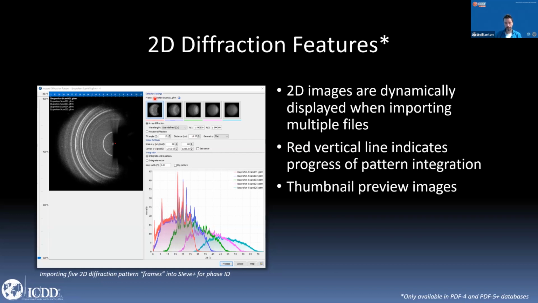When you're importing, now you'll see the image of each frame dynamically displayed in the upper left-hand corner, and then a thumbnail of that image is produced and shown in this list of thumbnails. You'll also see a red vertical line, which indicates the progress of the pattern integration.